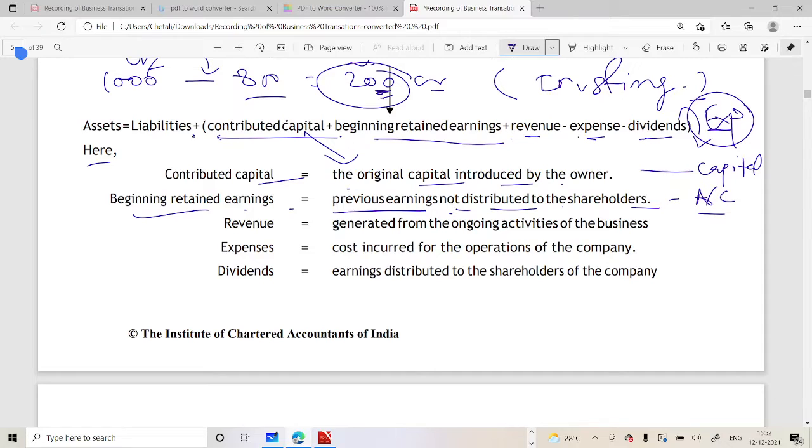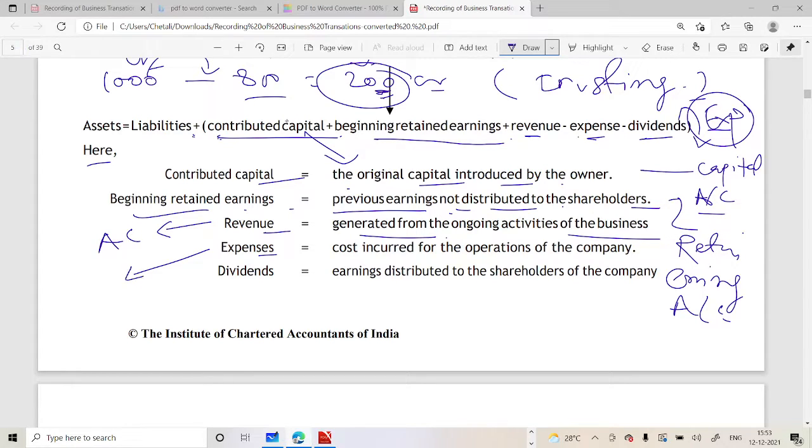So it is just you have your earnings in your hand. Then retained earning account would be there again. Then revenue generated from the ongoing activities of the business. Revenue account would be there. Then expense account, this is also important.